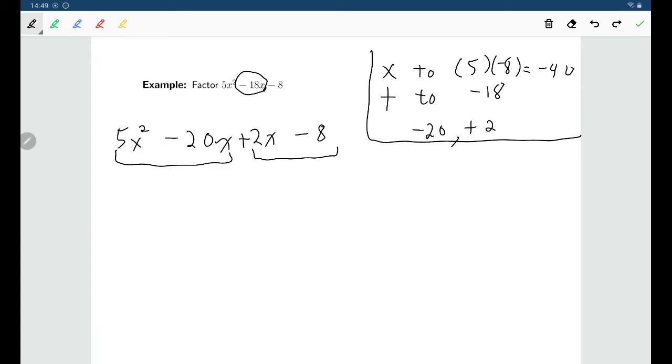So let's do, out of the first 2 terms, I could factor out 5x, leaving an x and minus 4 behind. And remember that the goal is that for the next 2 terms, whatever I take out as a common factor, I want to have the same thing left behind. I want x minus 4 left behind, and that's possible if I were to factor 2 out of the last 2 terms.